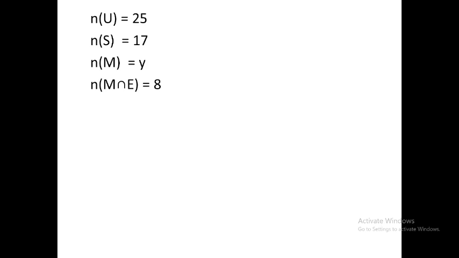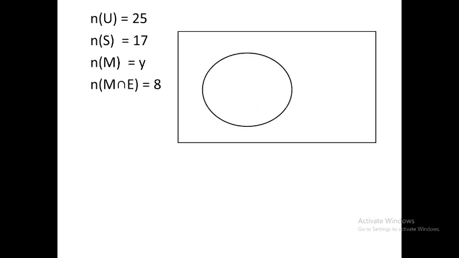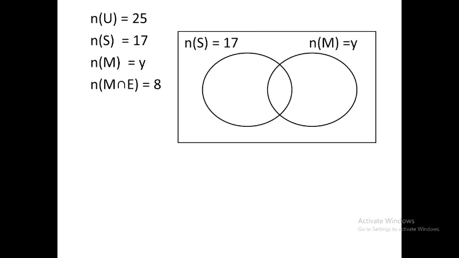Let's get a circle, rectangle done. Good. Fix the number of students who sat for science and then those who sat for mathematics. The intersection, of course, this time around becomes 8. Like you can see on the screen, 8. And then the universal set, which is 25.